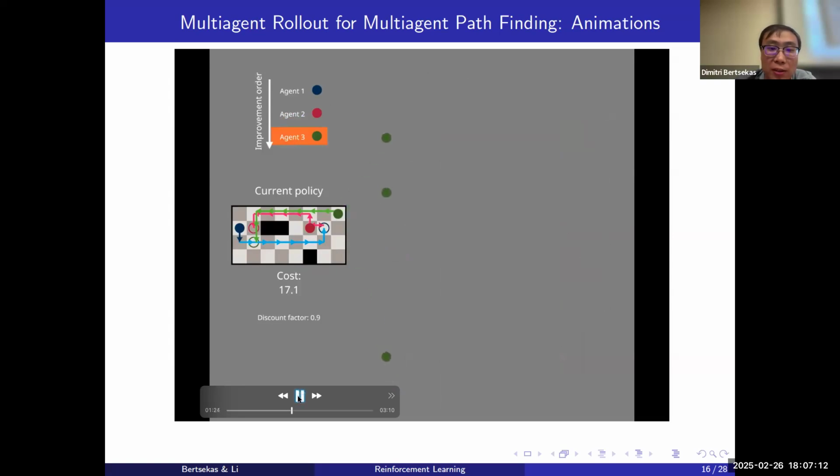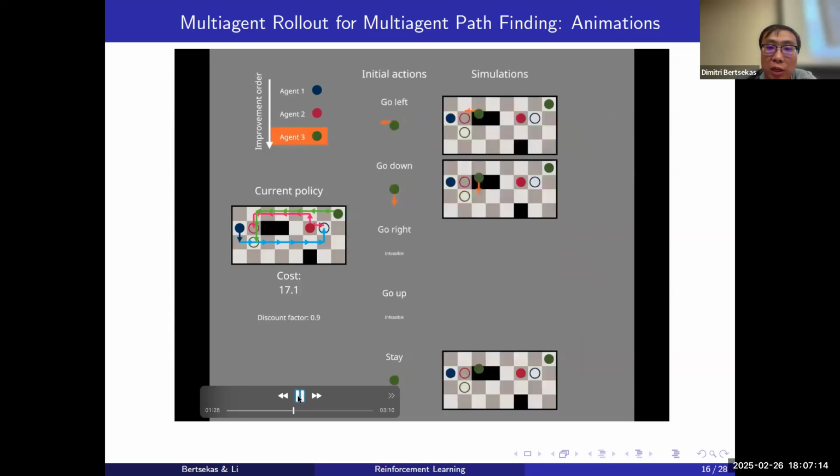So that's the whole point. And now for agent 3, there are 3 feasible actions. And you can see in the preceding case, when following the base heuristic, agent 2 is in front of agent 3, I believe. Whereas in this case, now it falls behind and makes space for agent 3.